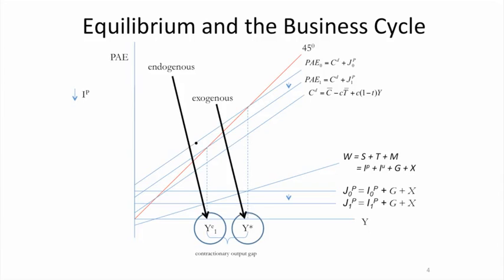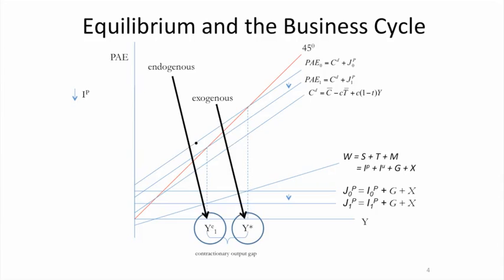It's the endogeneity of the economy's equilibrium and the exogeneity of the economy's potential output that is really at the heart of this Keynesian explanation for recessions. That's a really important and quite profound insight. And prior to Keynes, no one had really thought about it this way.